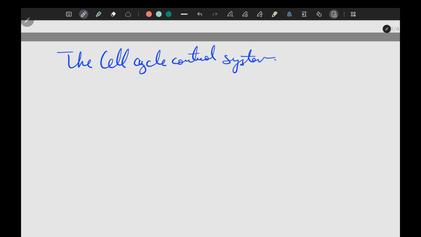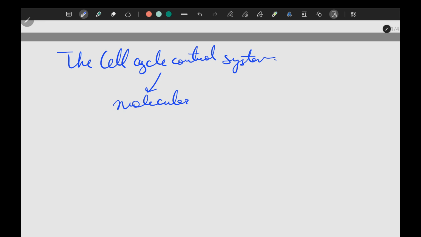So basically, our question is how this was done. To answer this, there is a system called the cell cycle control system. It is driven by a molecular control system, which acts like a time program.